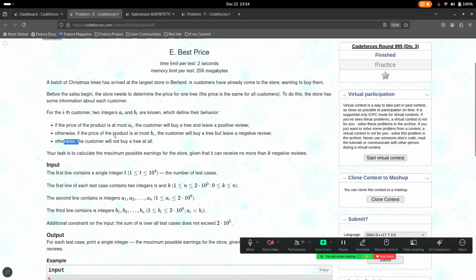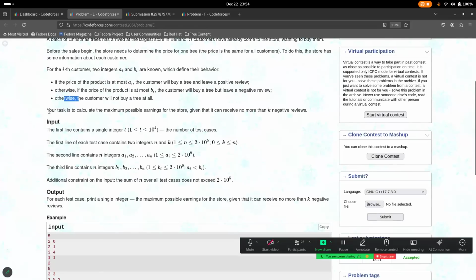And if the price is strictly greater than B of I, the customer would not buy the tree and won't leave any review. Our task was to calculate the maximum possible earnings that the store could get, given that you can receive at most K negative reviews. So you cannot receive more than K negative reviews.